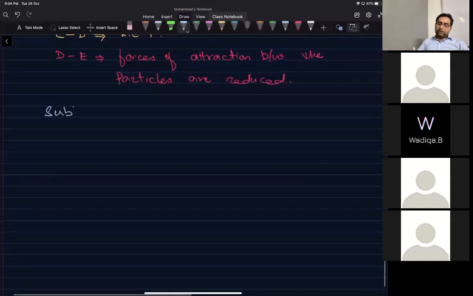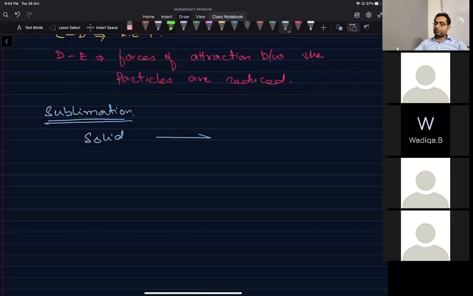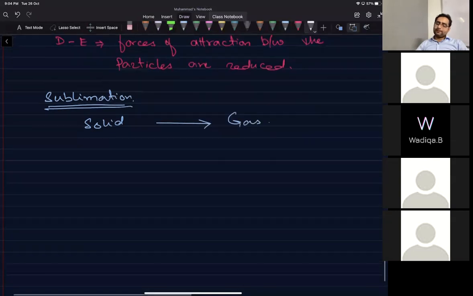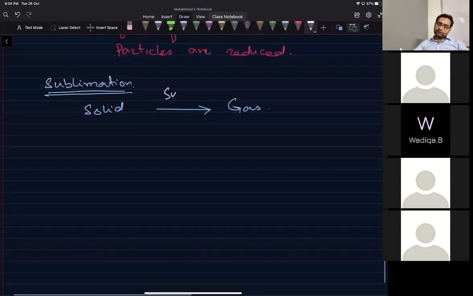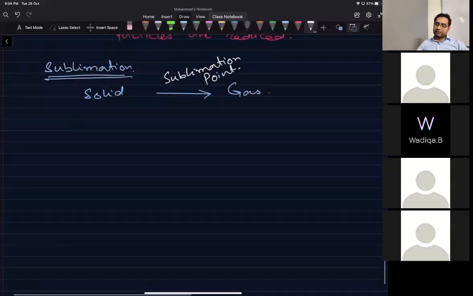In sublimation, how many times is the state changing? In sublimation, this is any solid material, and upon heating, it directly turns into gas. This is sublimation. So there is one time the state is changing. So temperature will be constant for once when you draw the heating curve.